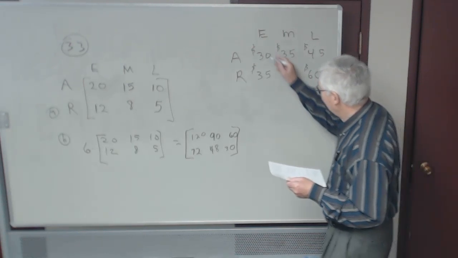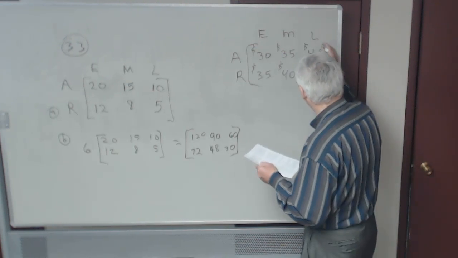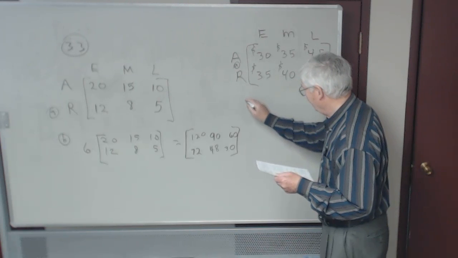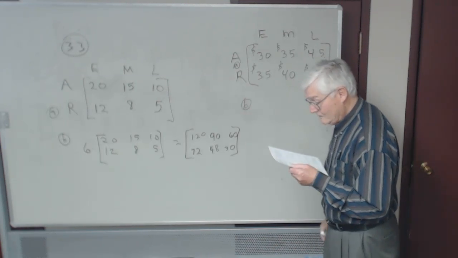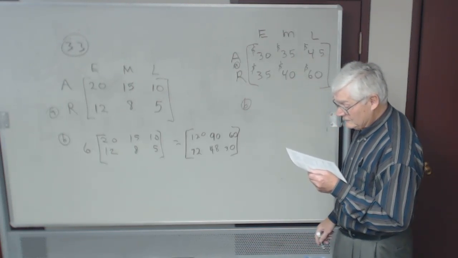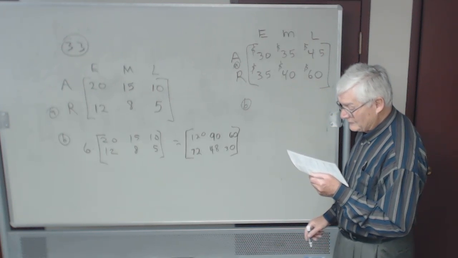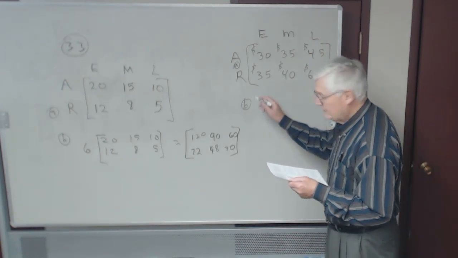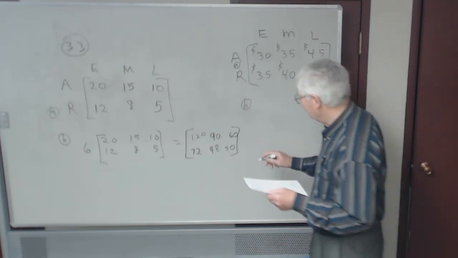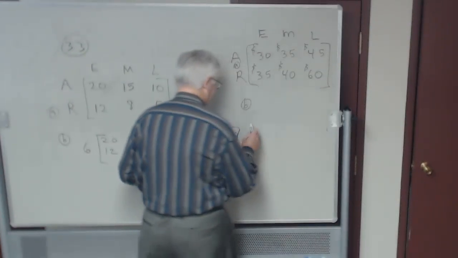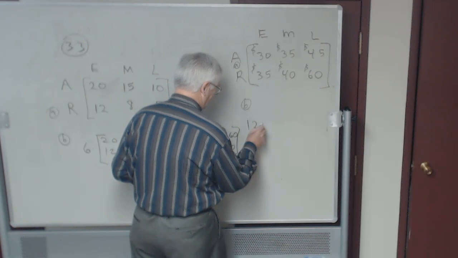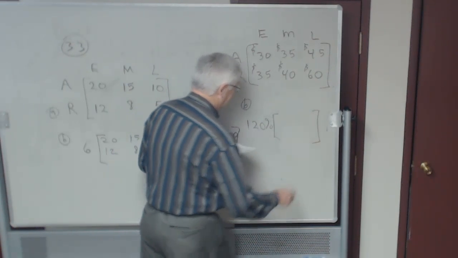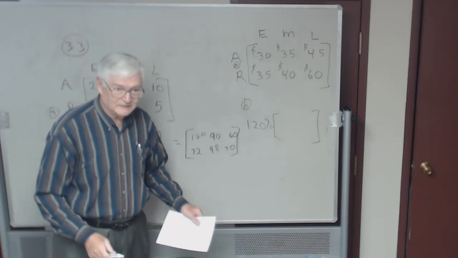34A, write a matrix. We just did. That's A. 34B. Suppose the cost increases by 20%. So if the cost increased by 20%, that means I'm going to take 120% times the matrix to find out what the new cost is.